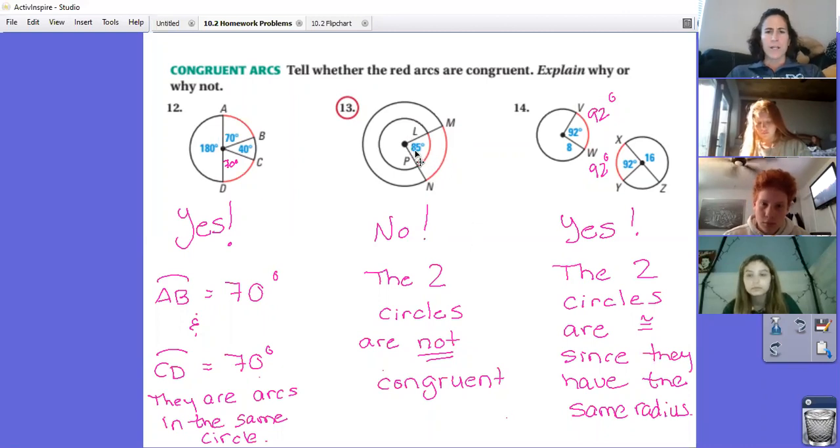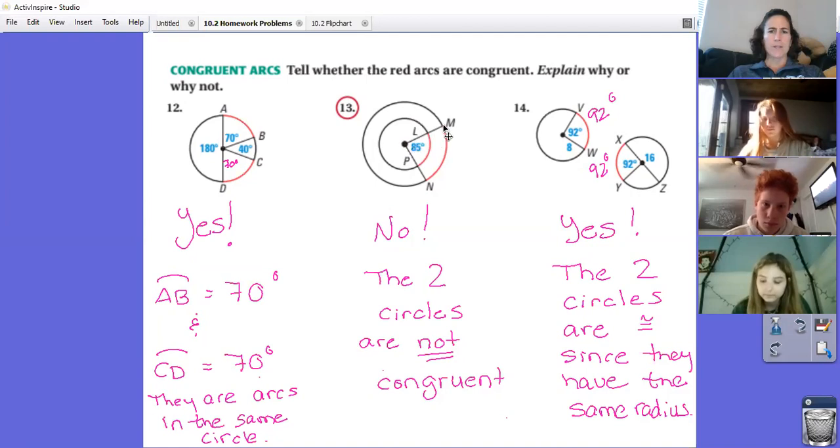Even though this central angle is shared in the small circle and the big circle, and they have the same measure, they have to come from congruent circles. These two circles are not congruent because they have different radii. Here's the radius for the small one, and here would be the radius for the big. So the answer would be no, because the circles are not congruent.